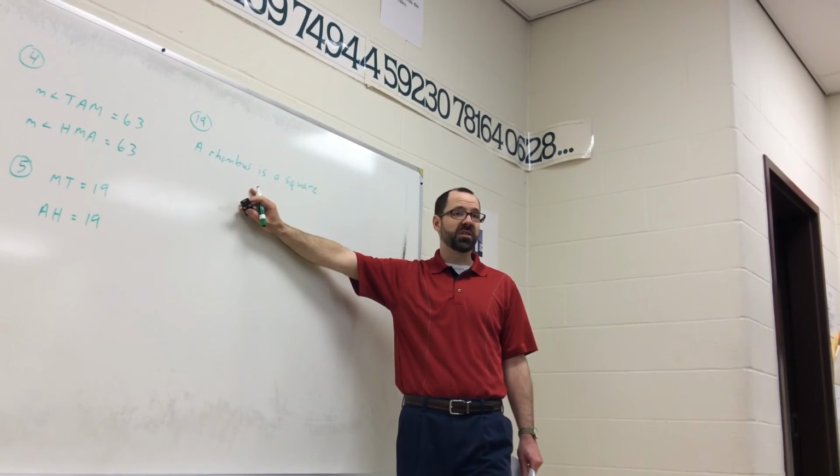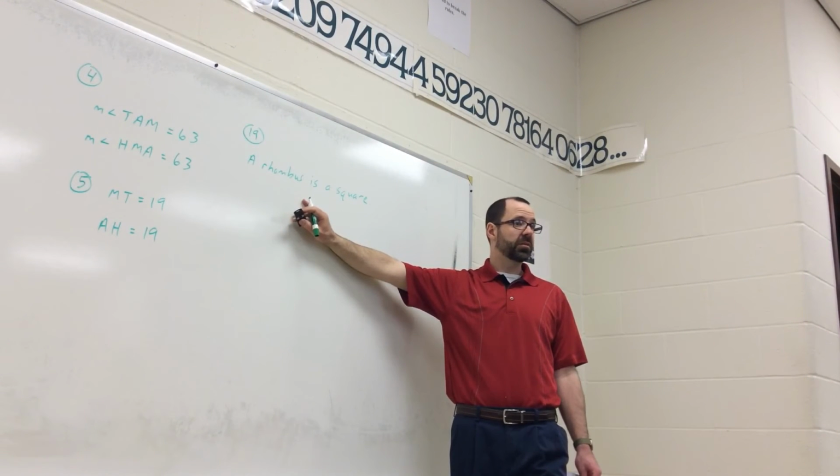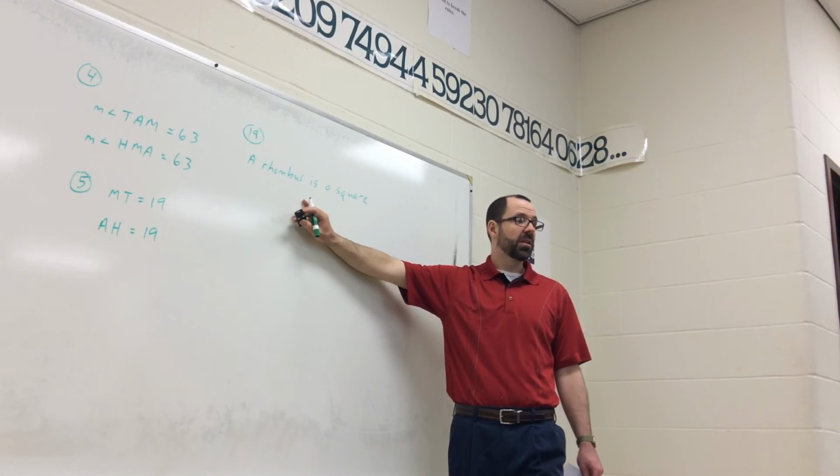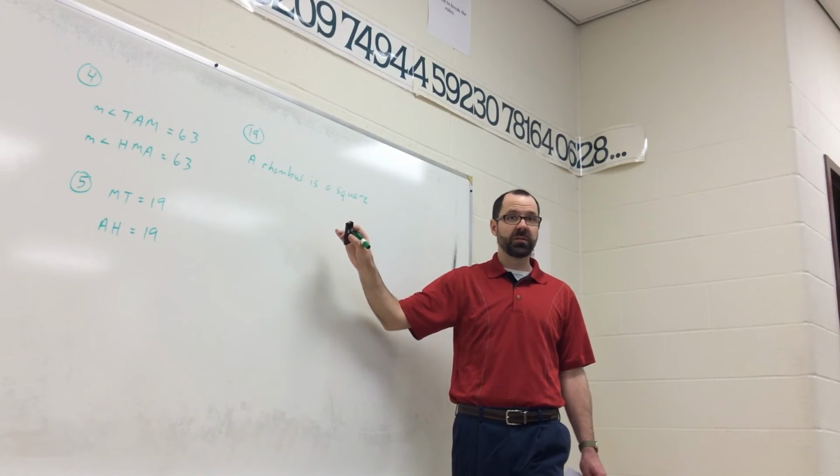So I'm sorry to make this an English class, just briefly, but what is the subject of this sentence? Yes, the subject of the sentence is rhombus. Rhombus is the focus. So everything we talk about here needs to be about rhombuses.